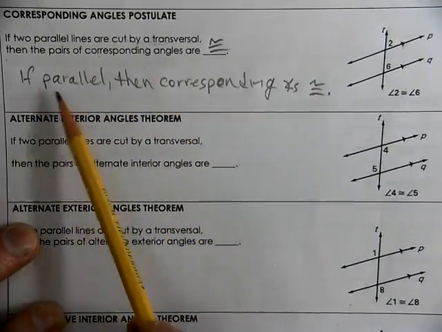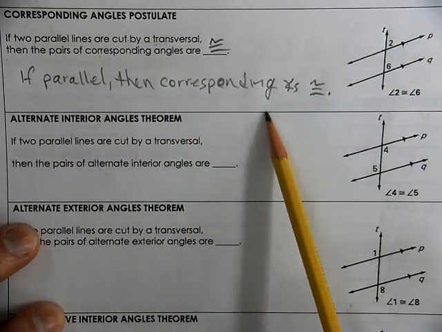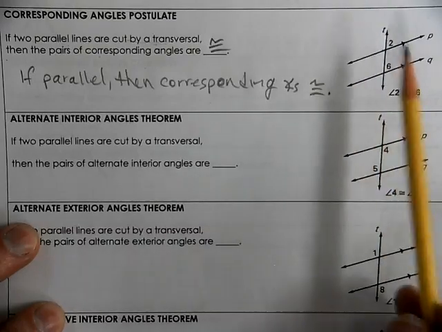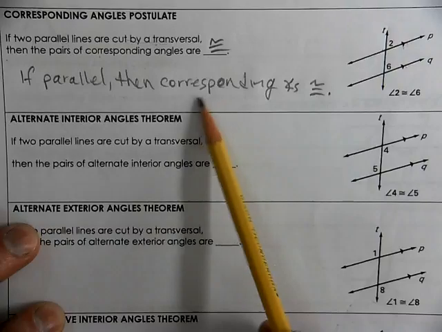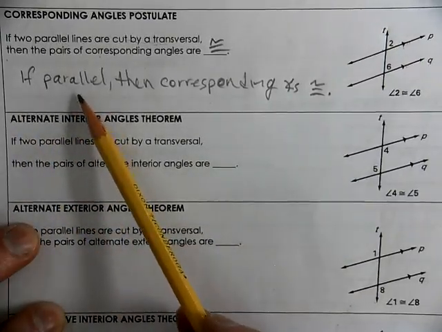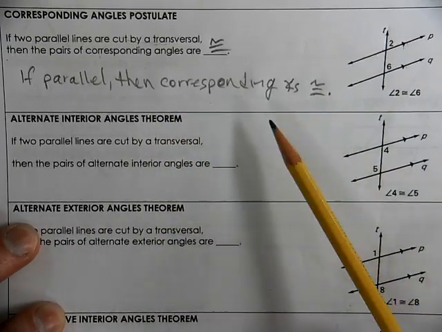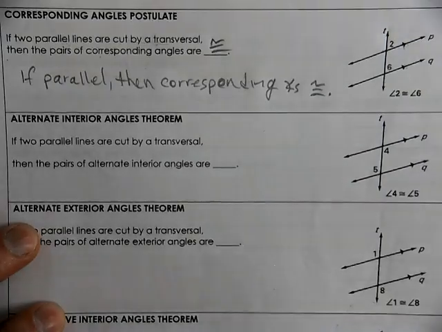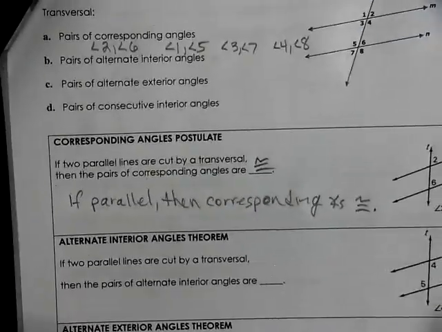You cannot say if parallel, then congruent, because there are angles up here that are not congruent. So if parallel, then corresponding angles are congruent. If you have parallel lines, then you've created corresponding angles that are congruent. That would be great. But this is as short as it can get. Let's try your next set.